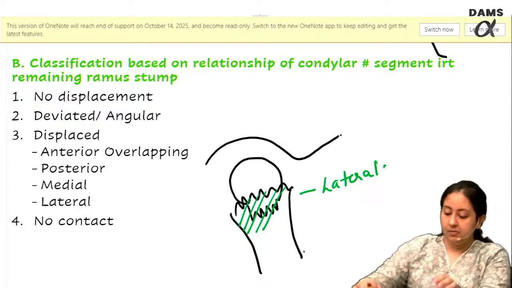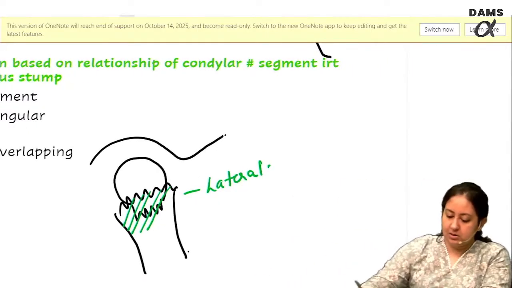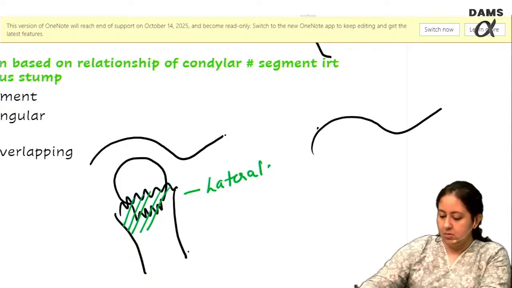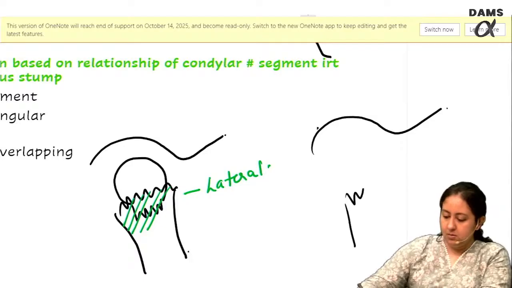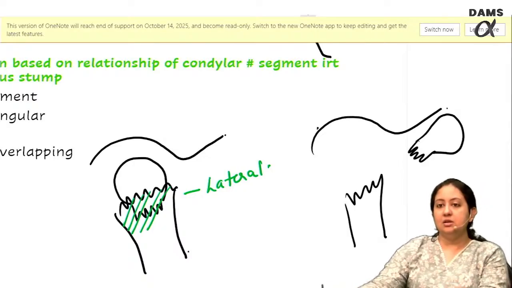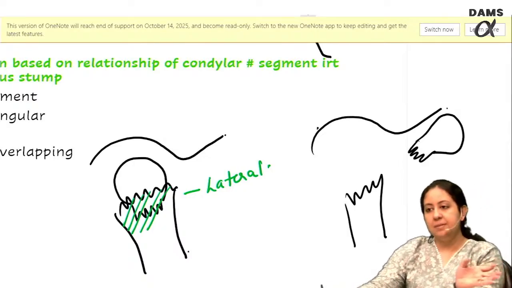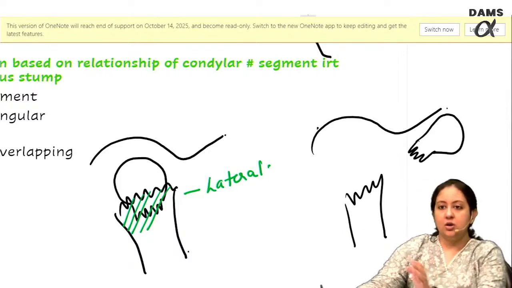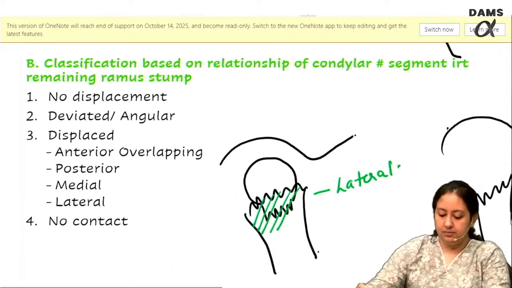Okay, no contact will be like this. Alright, it is completely detached from the ramus stump. It is not in contact.